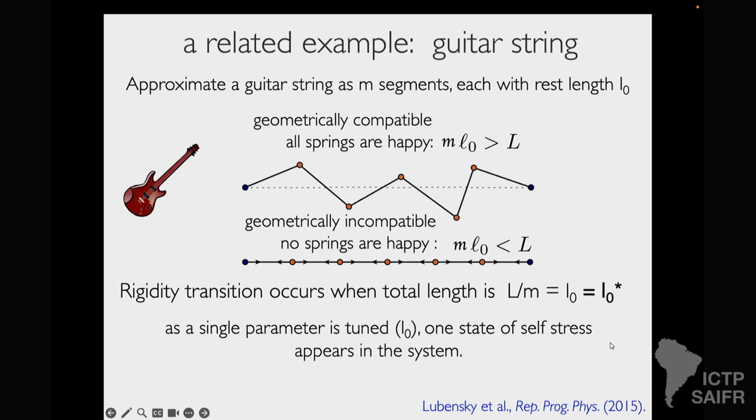So if you think about a guitar string as maybe some spring-like segments, the game we're going to play is, how far apart do I hold the ends of the guitar string? So the guitar string has a rest length, right? And I can think of it as the sum of the rest lengths of the internal springs if I want. And so if I hold my two fingers close enough together so that the distance between my fingers is shorter than the rest length of the string, then the string is floppy.